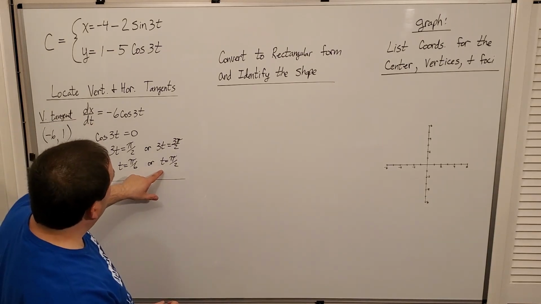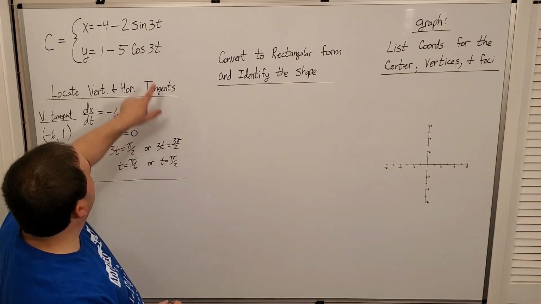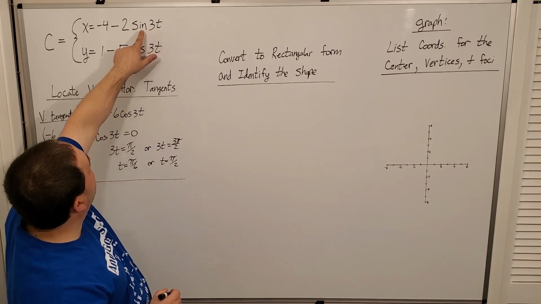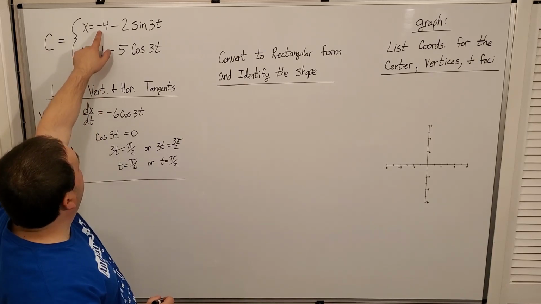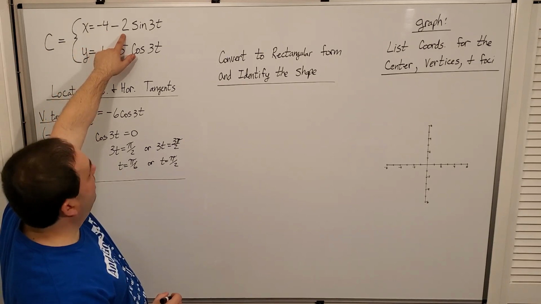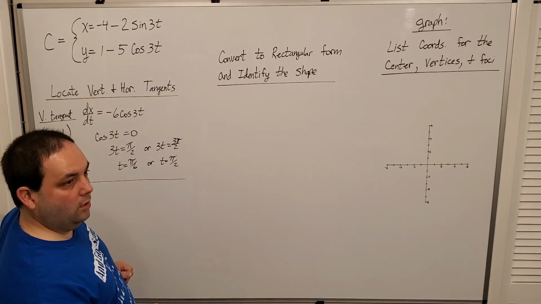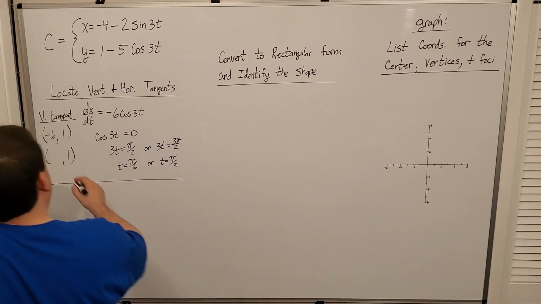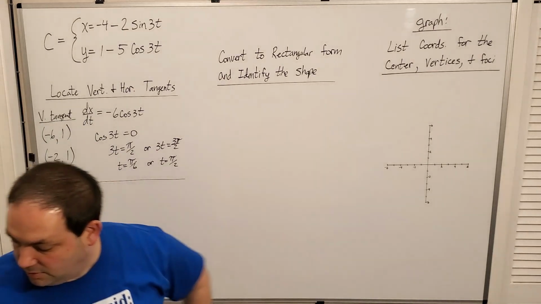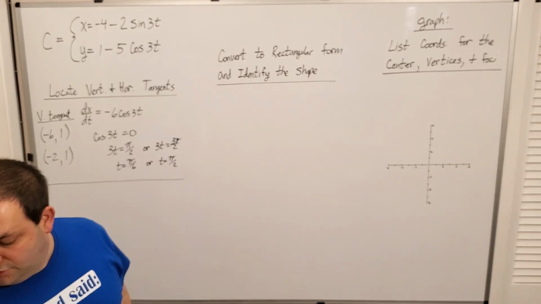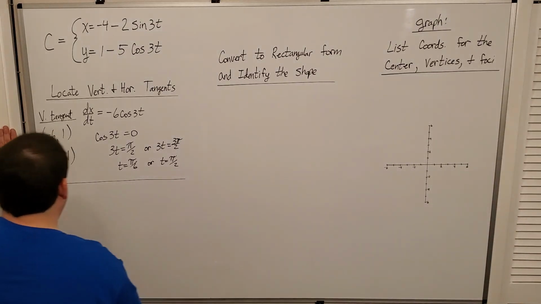Next, when t is pi over 2, I have 3 pi over 2. Sine of 3 pi over 2 is negative 1. So I'll have negative 4 minus 2 times negative 1. Negative 4 plus 2 is negative 2. Okay? So then we're going to move on to doing our horizontal tangents.